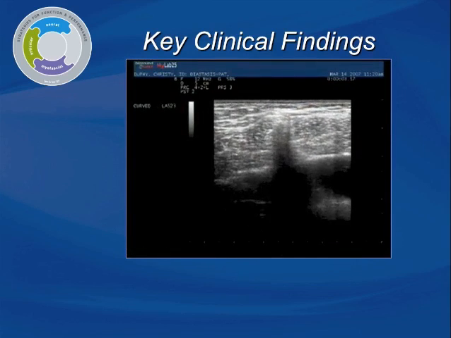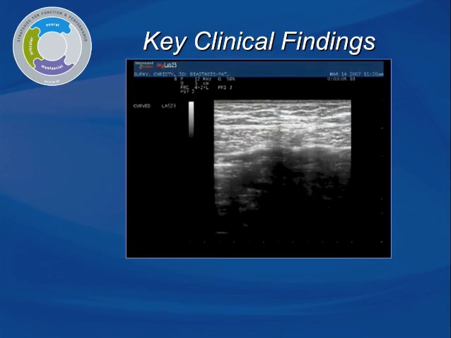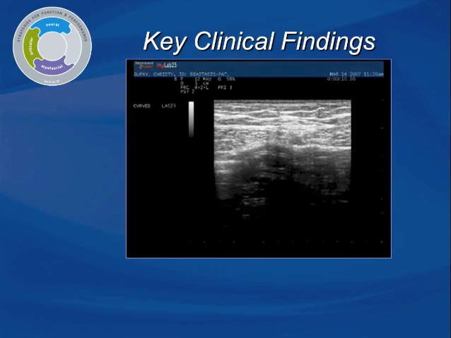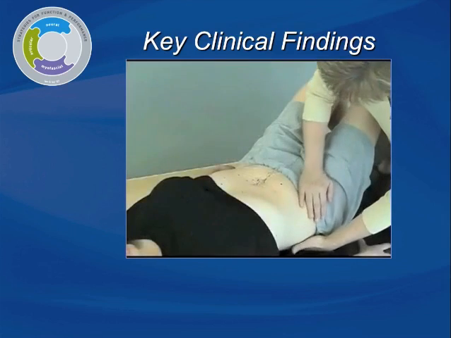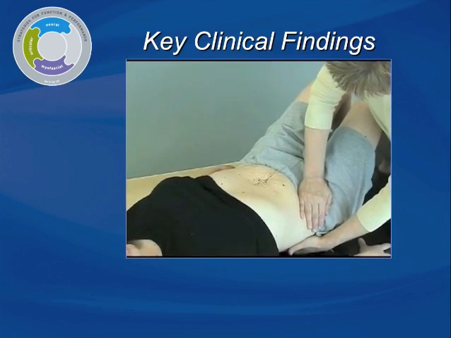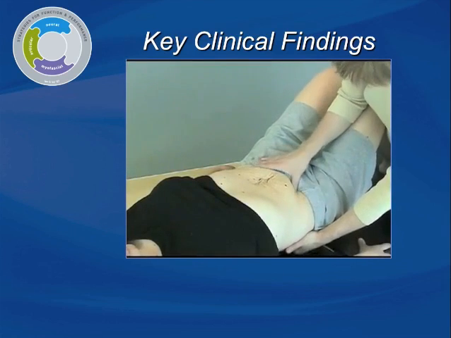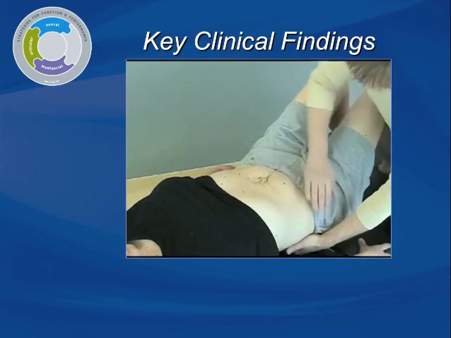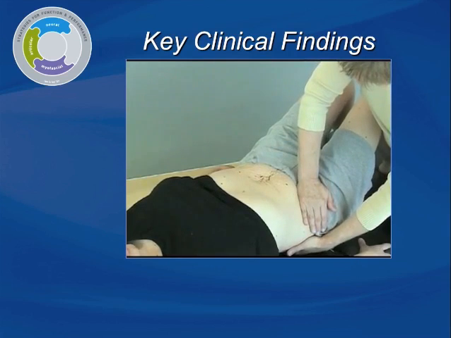So whenever you have unlocking or giving way of the SI joint, you need to check the form and force closure mechanism. Here I'm checking the mobility of the SI joint, and then asking her to recruit the deep muscle system. In a healthy situation, with optimal recruitment, all the movement of the SI joint should be gone. And I can still feel movement at this SI joint when Christy attempts to recruit the deep muscle system.